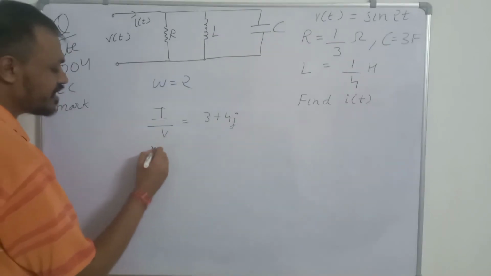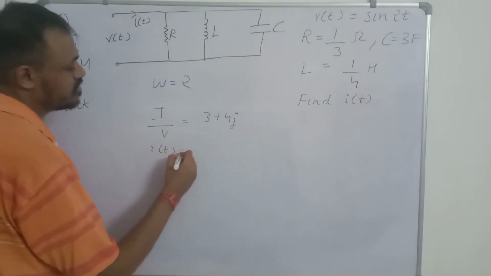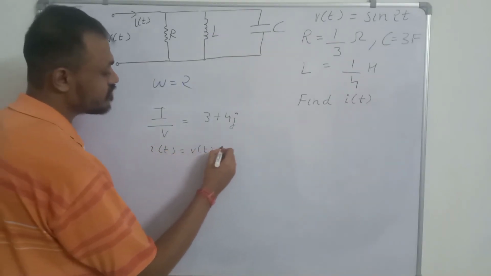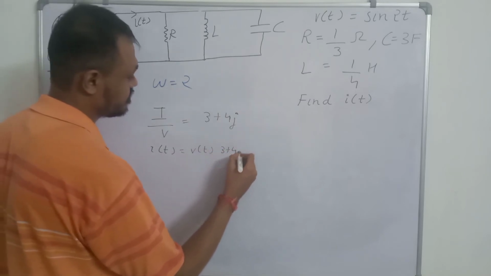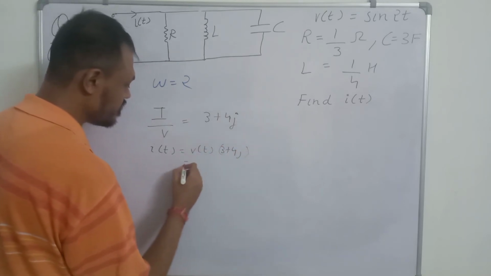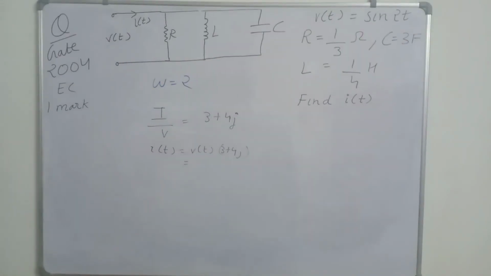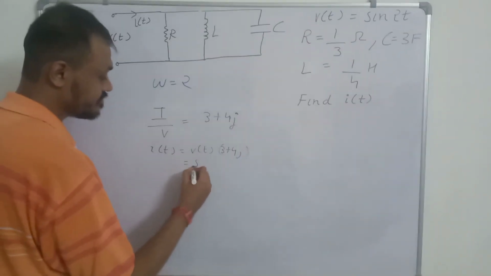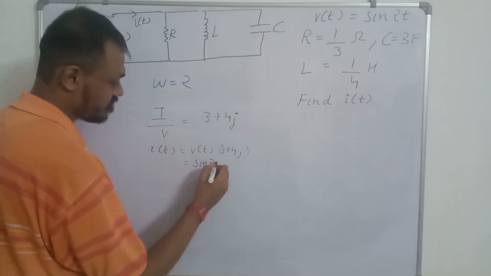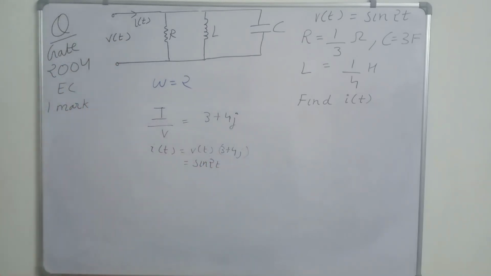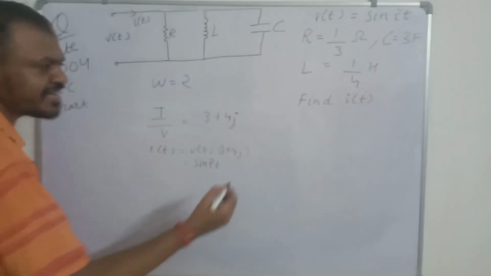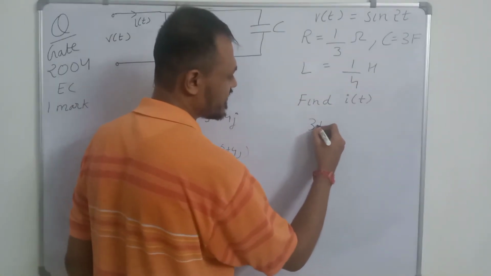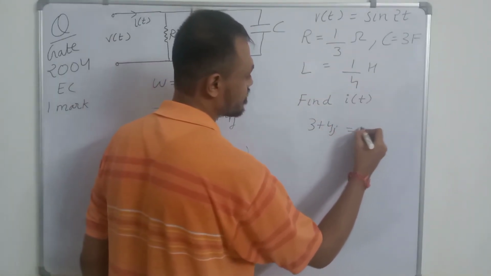So I of t will be equal to V of t into 3 plus 4j. V of t is given to us as sine of 2t. If we find the magnitude of 3 plus 4j, then its magnitude is 5.